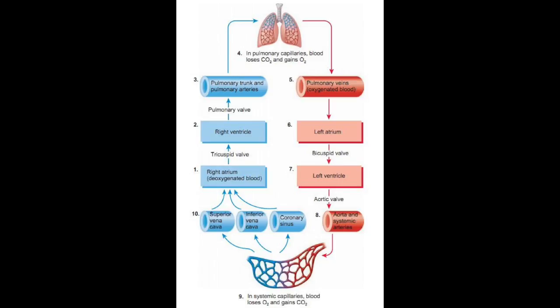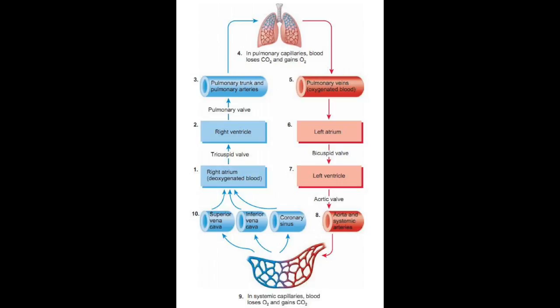The deoxygenated blood flows through the tricuspid valve and into the right ventricle. So the right ventricle is the first chamber of the heart that the blood goes through, and it's deoxygenated blood because it still has not had oxygen. Then it goes from the right ventricle into the pulmonary valve and into the pulmonary artery, which goes to the lungs to receive oxygen and become oxygenated blood.